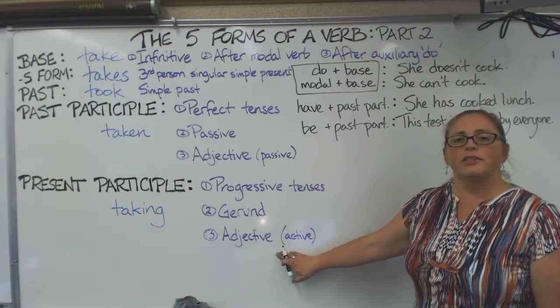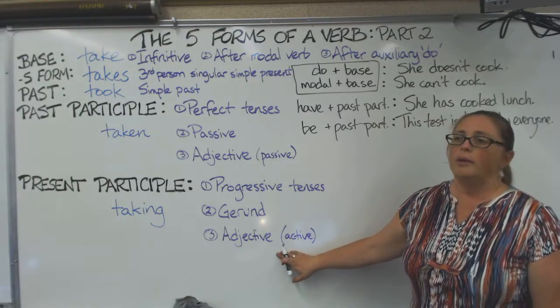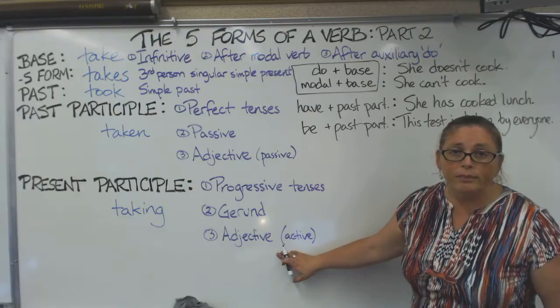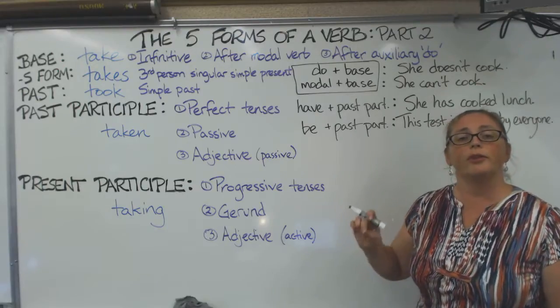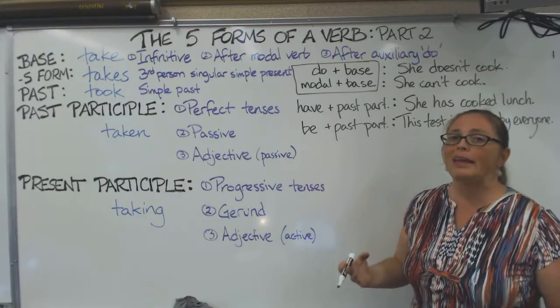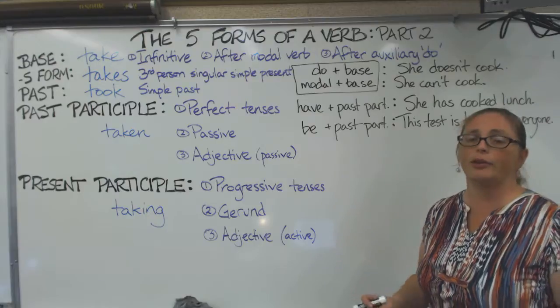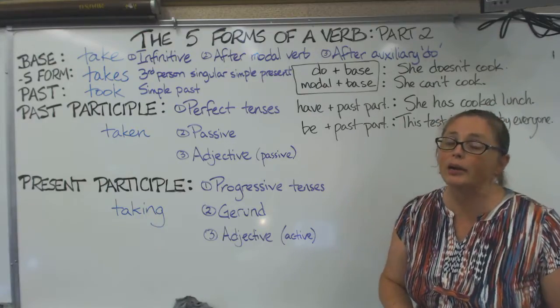The adjectives do not use auxiliary verbs because they are not verbs. However, adjectives are commonly used with the verb be or other linking verbs. Linking verbs like look or seem or appear.